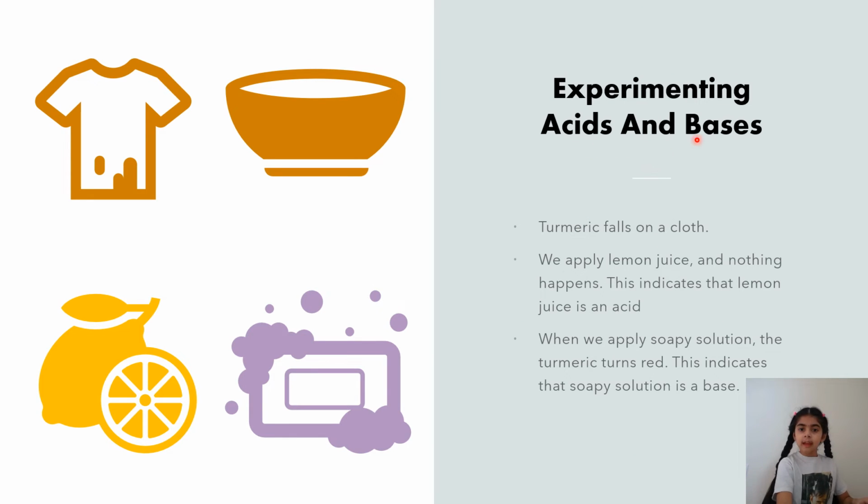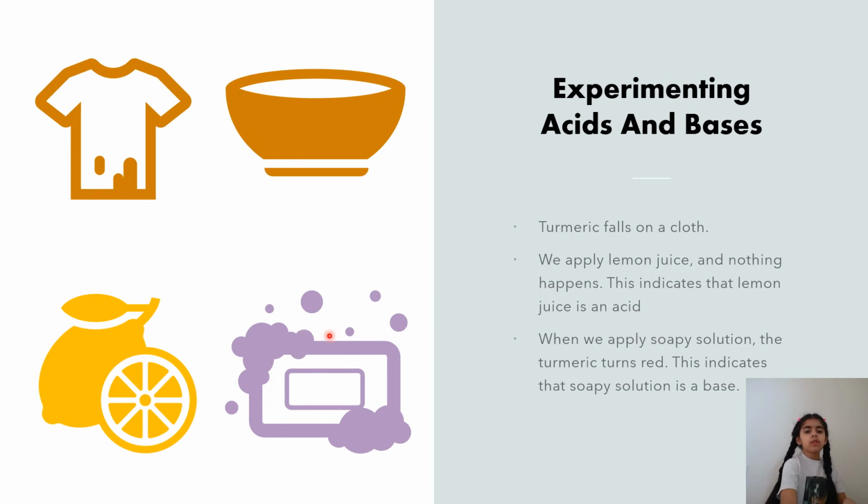Experimenting with acids and bases. So imagine that we got a white cloth, like in this picture. But we accidentally spill a bowl of turmeric on the cloth, right? So it's kind of messed up now.